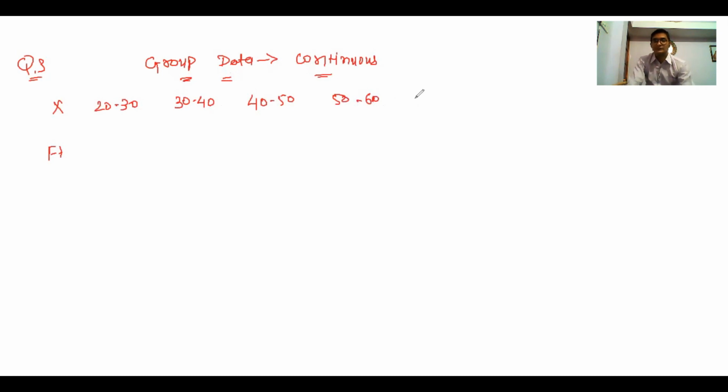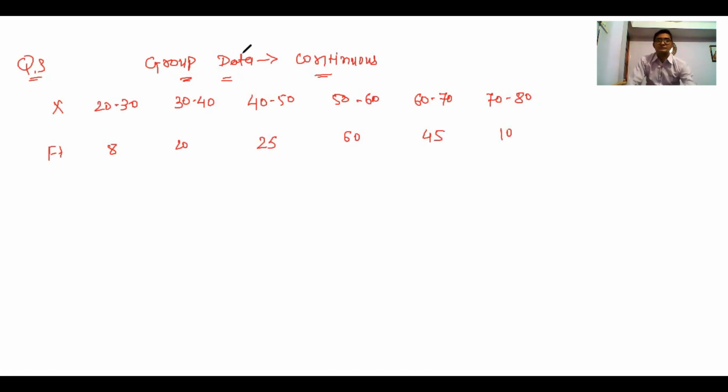It is related to grouped data and continuous variable, where X and Fi, different classes are given: 20 to 30, 30 to 40, 40 to 50, 60, 70, and 80. Fi: 8, 20, 25, 60, 45, and 10.